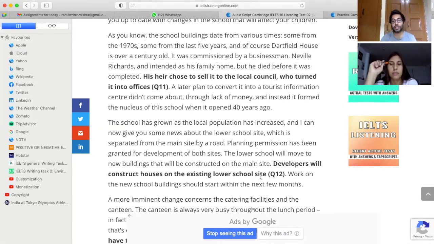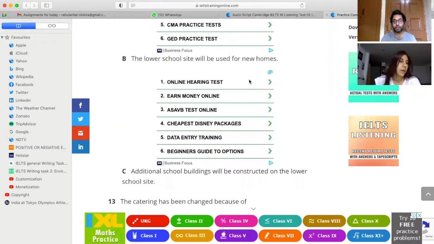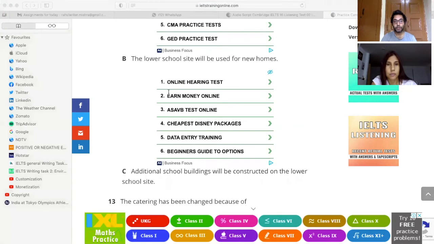It will be used for new homes, not additional buildings. New houses are going to be constructed on the lower school site. So we have to find out which options are talking about this point. A is anyway not talking about them.